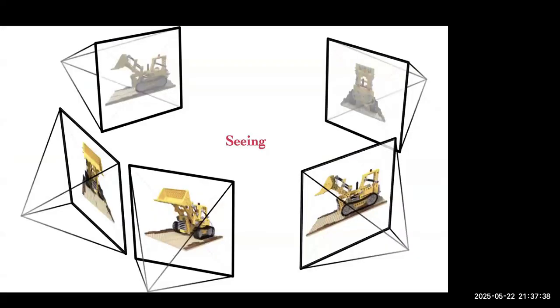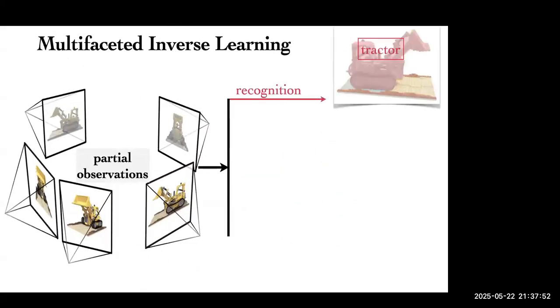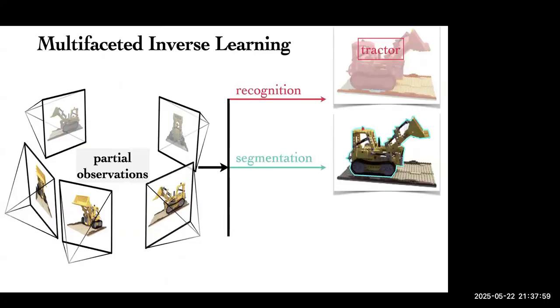When we think about visual learning, the task is we have snapshots of the world, and we want to recover what's out there in the 3D world. Usually people are interested in recognition: given the image, you want to recognize the semantics of the image. Or segmentation: you want to isolate objects of interest.